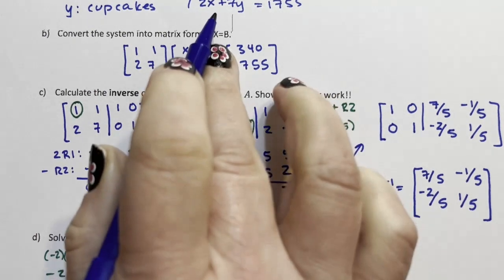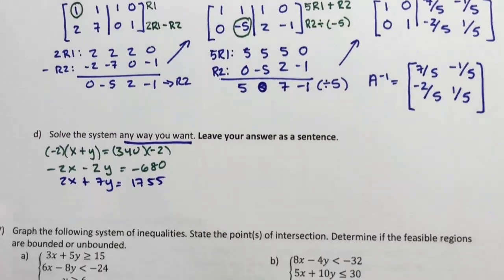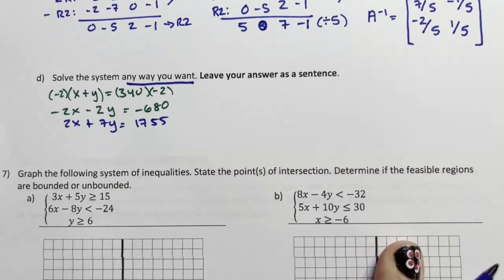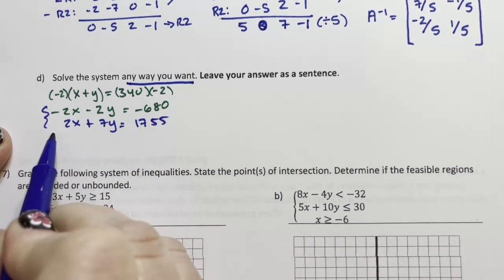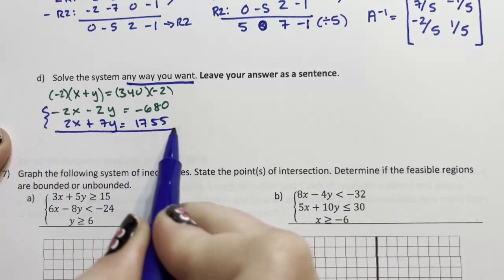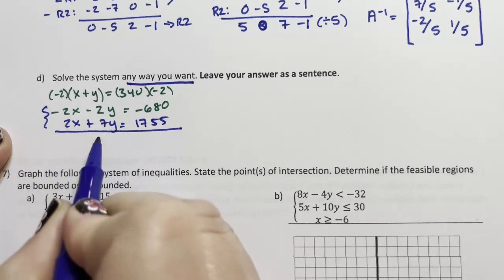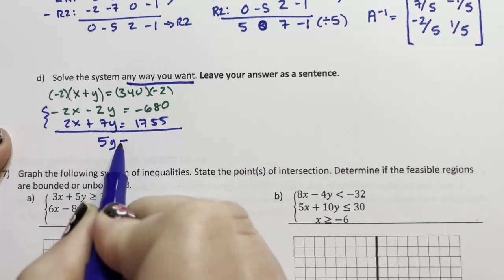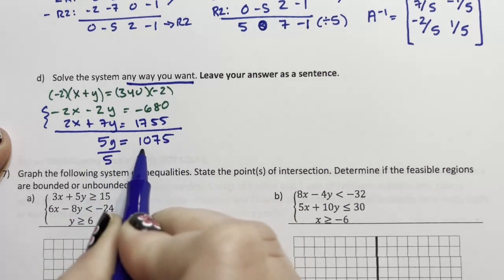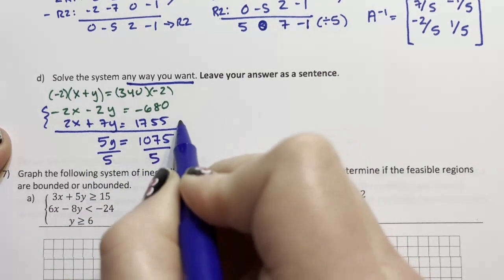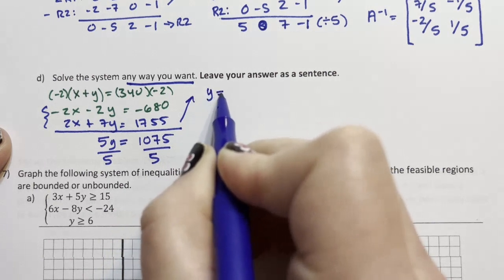So I just transpose that down there. This is what I'm solving. When I add down with elimination, I'm going to get 5y equals 1075. And I'm going to divide by 5, and I'm going to get that y is equal to 215.